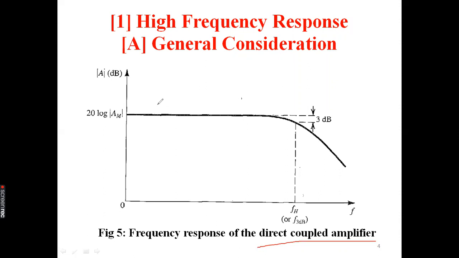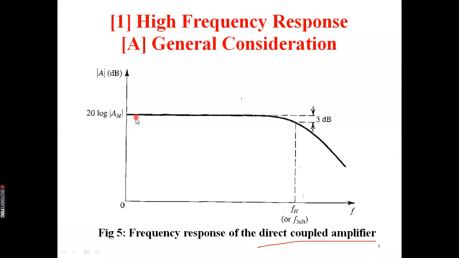Whenever we take a direct coupling amplifier and analyze its frequency response, this will be the graph, right? This is called a frequency response graph. Frequency response is nothing but the plot between the gain and frequency. On the x-axis we have f, on the y-axis we have |A|, the modulus of A, which is the magnitude of gain in decibels.